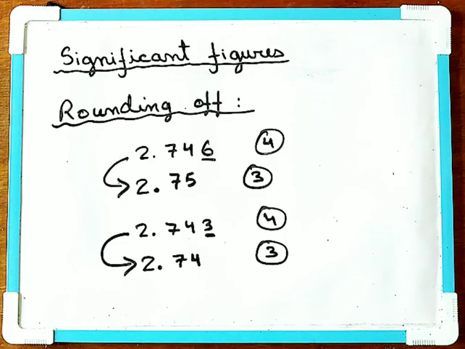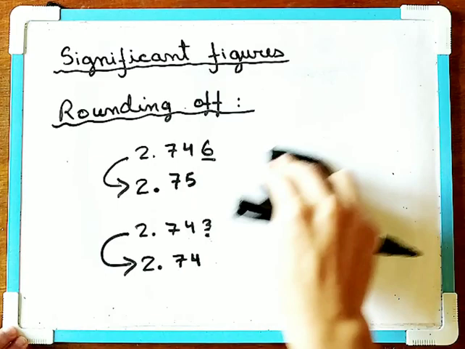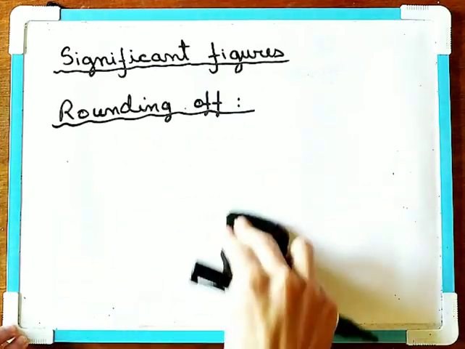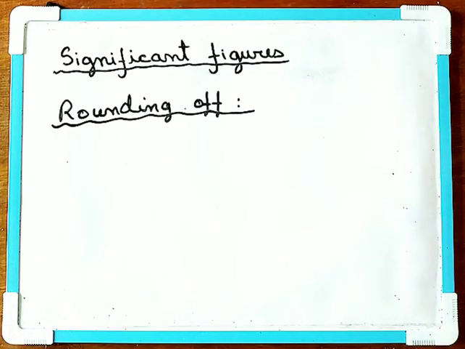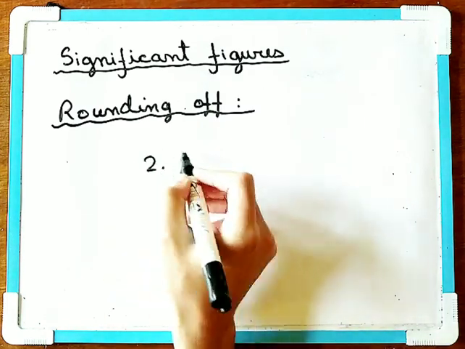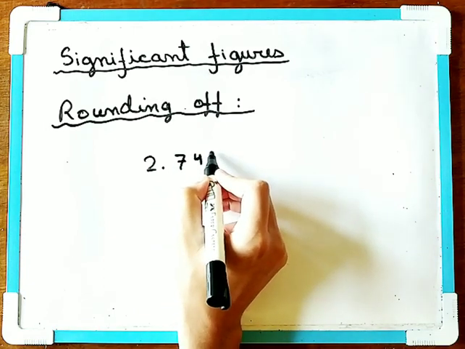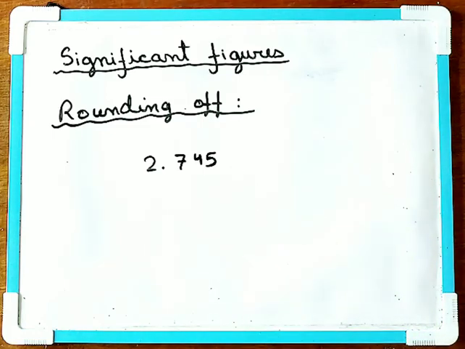Now we come to another case. Again, I'll consider an example, 2.745.